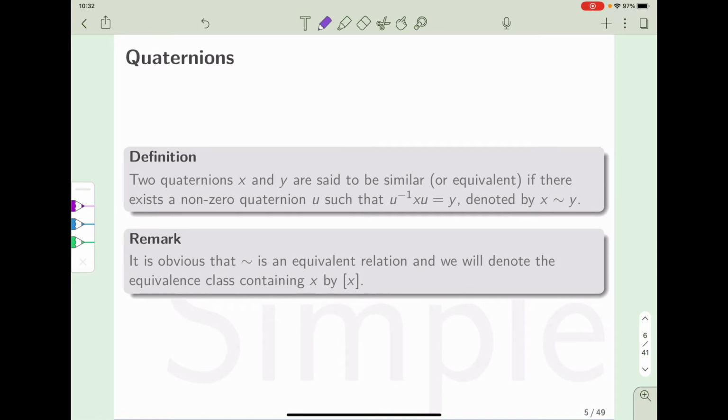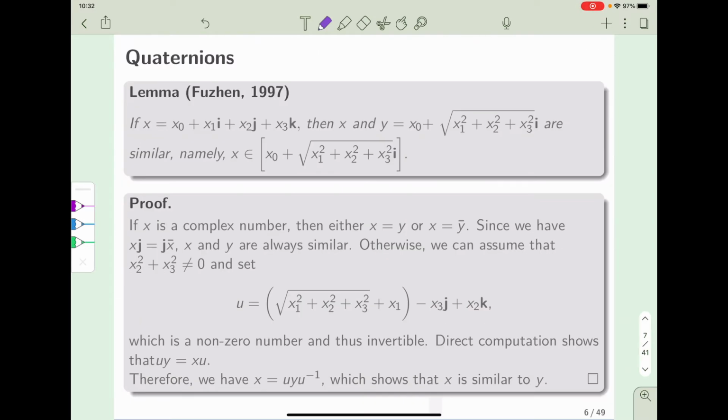Next, we give the definition for two quaternions being similar. It is easy to see that this is an equivalence relation. The following lemma tells us how to find a good representative for each equivalence class of the quaternions. It says that any quaternion is similar to a unique complex number whose imaginary part is positive.